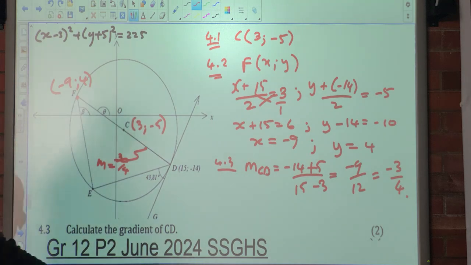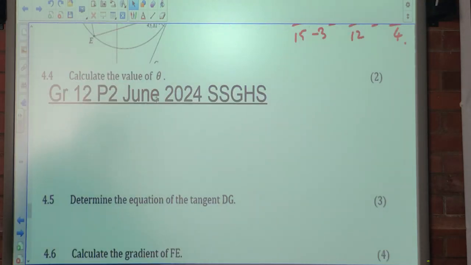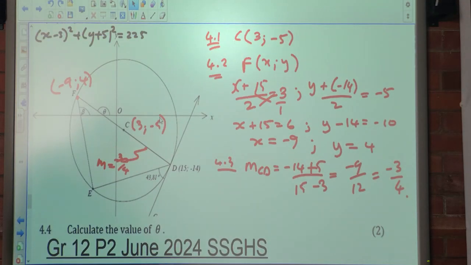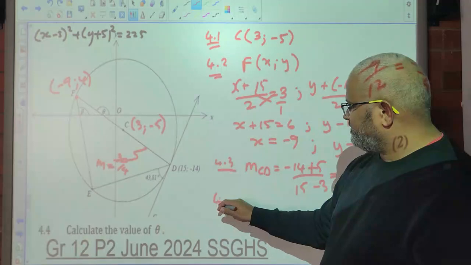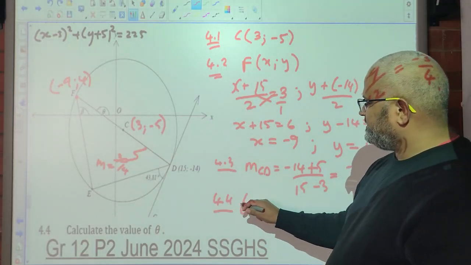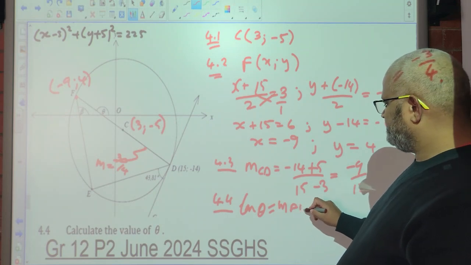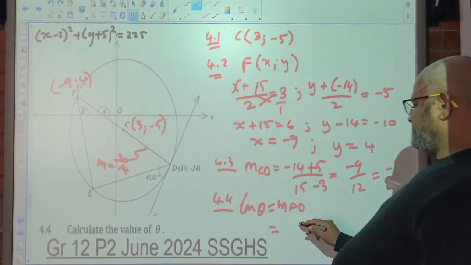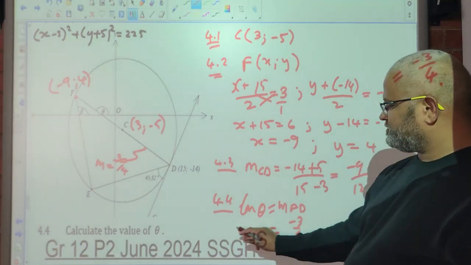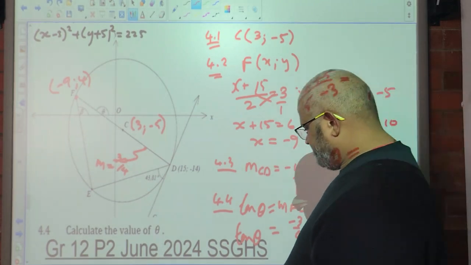4.4. Value of theta. Now, theta is dependent on the gradient of that line, which we just calculated. So tan of theta equals the gradient of FD or CD, whatever. That's going to give you negative 3 over 4, which means the theta angle is going to be obtuse.